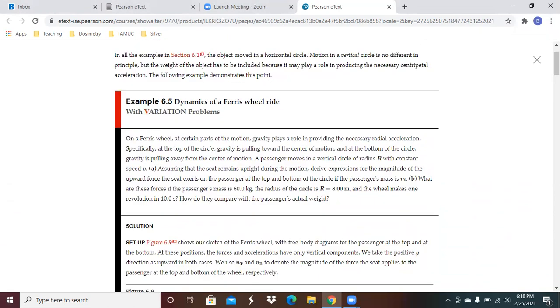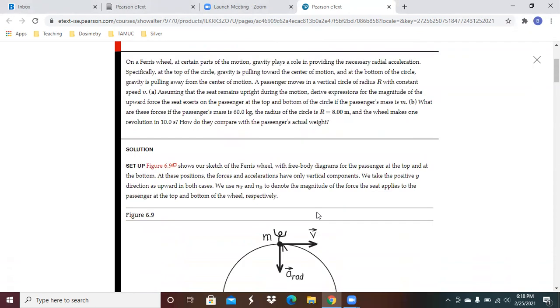So, on a Ferris wheel, at certain parts of the motion, gravity plays a role in providing the necessary radial acceleration. Specifically, at the top of the circle, gravity is pulling towards the center of motion.